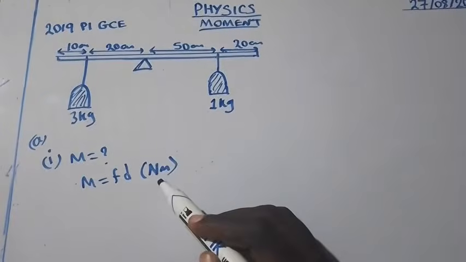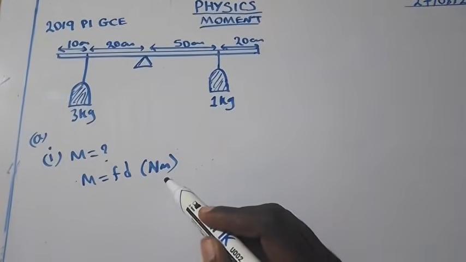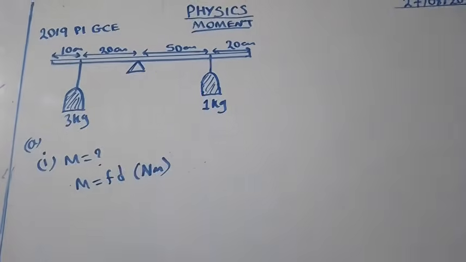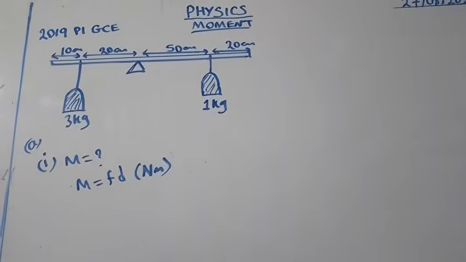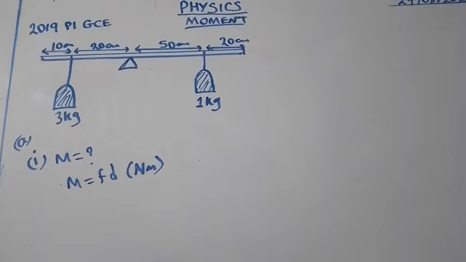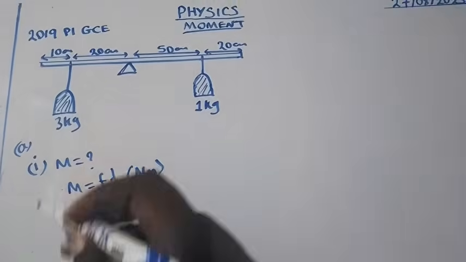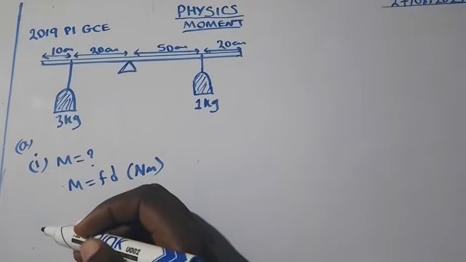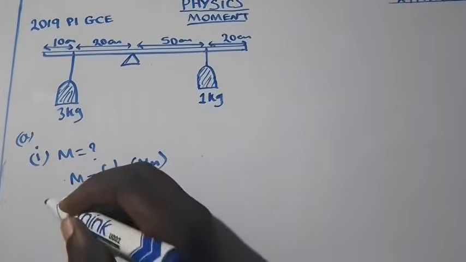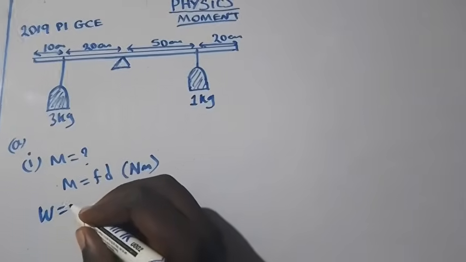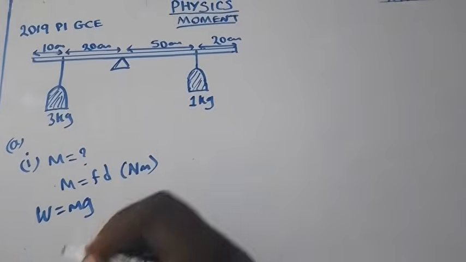So our SI unit should be Newton meter, but what we have here, we have 3 kg and we have 20 centimeters, which means we need to convert before doing the calculation. So let's convert mass from kg to newtons by applying this formula: weight equal to mass times gravity.